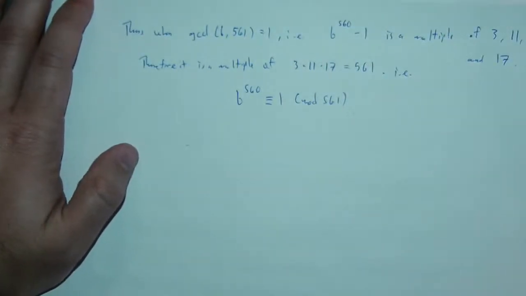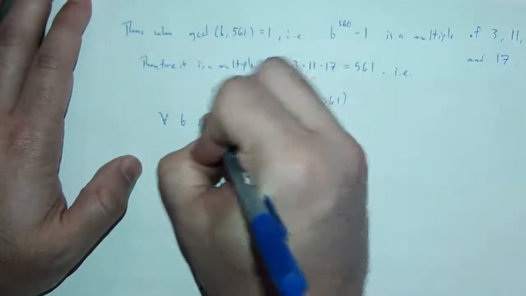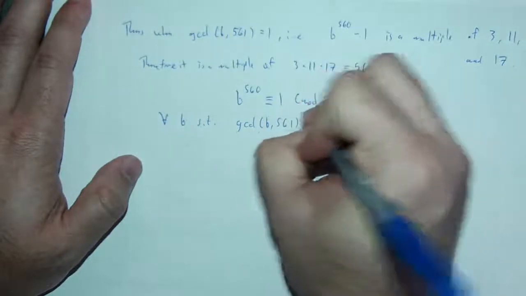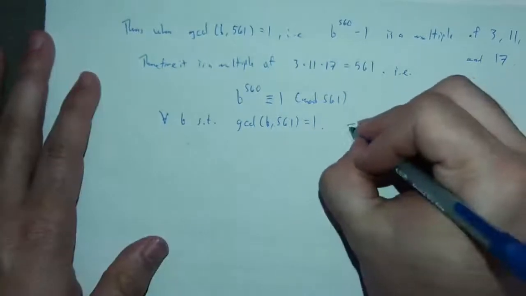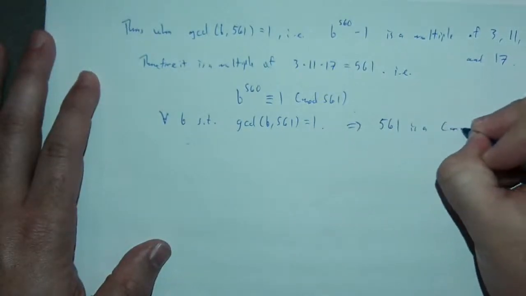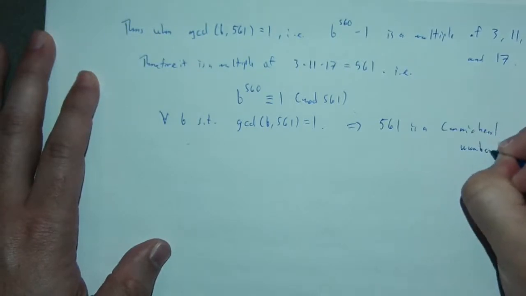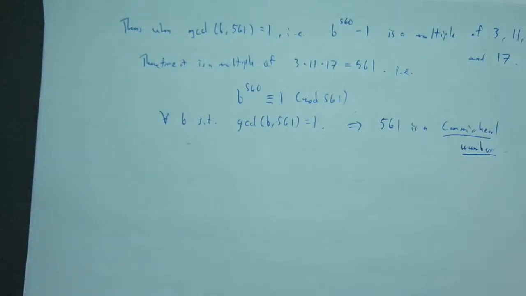And that's for all b such that the GCD of b and 561 is 1. Okay. So 561 is a Carmichael number.